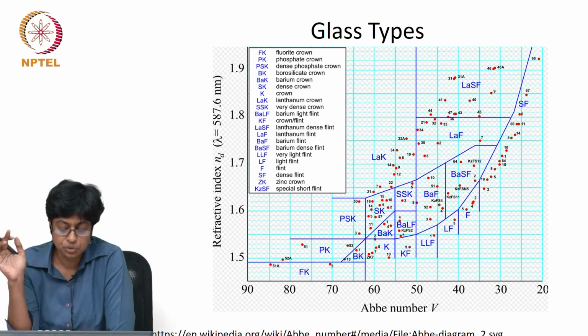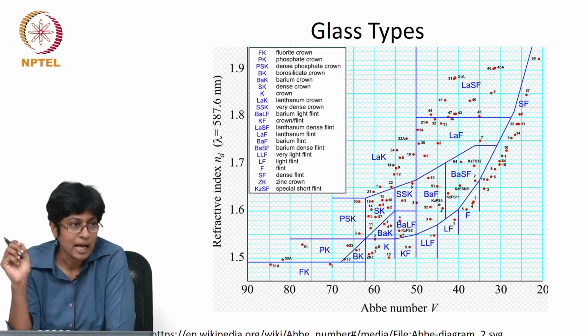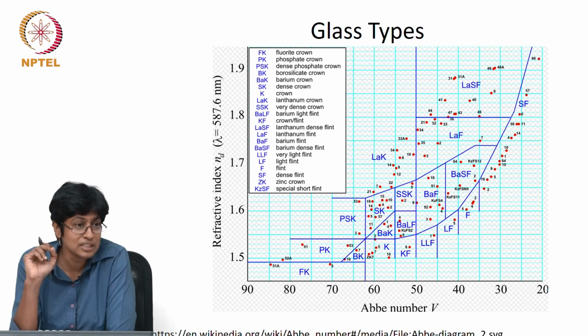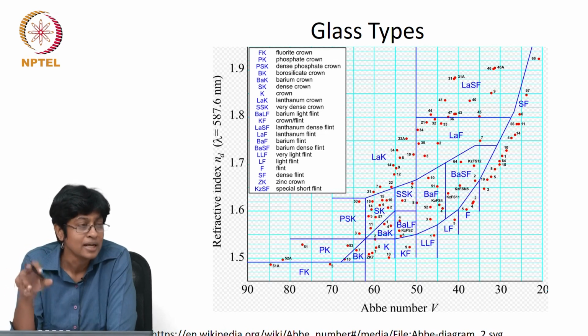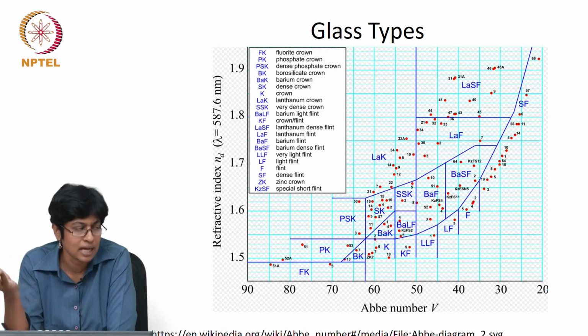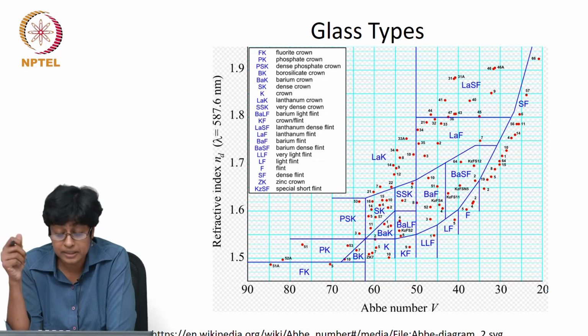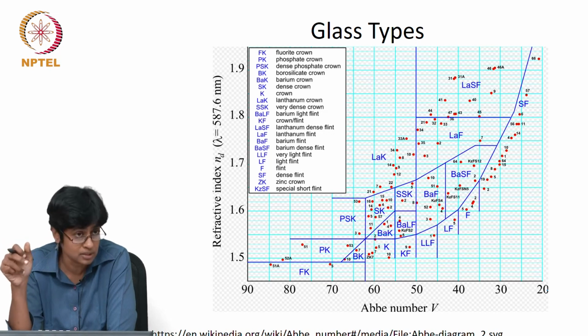I just wanted to show you this graph because I wanted you to get the idea of just how many different types of glasses there are. We've just been using BK7 because it's a standard crown glass that's used in a lot of optics. It has low dispersion, a higher V number, and that's why it's a relatively safe glass to pick. But you can see that every red spot on this graph is a different glass type.